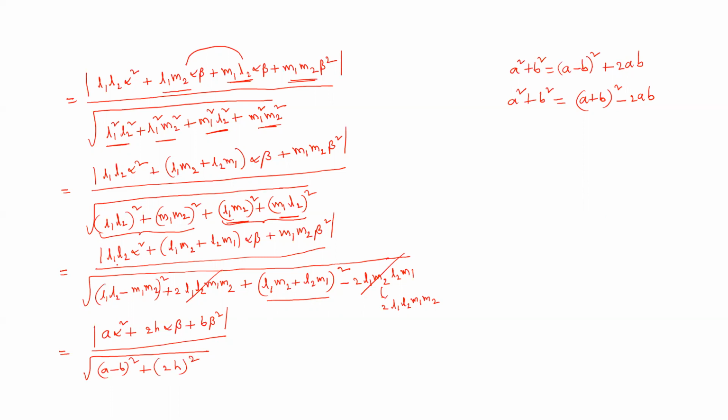See this once again: L1 L2 is a, L1 M2 plus L2 M1 is 2H, M1 M2 is B. Similarly in the denominator it is a minus b, here it is 2H.